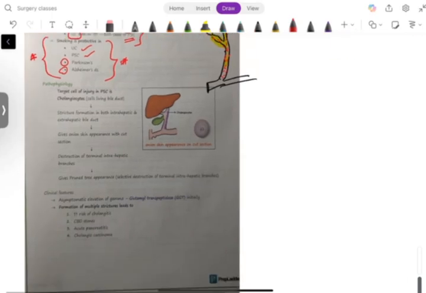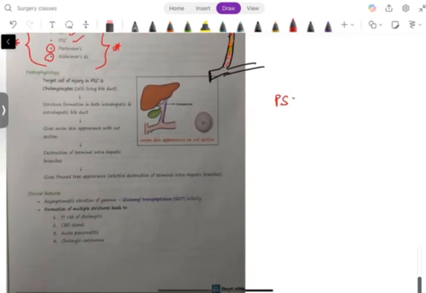Okay, so what is the pathophysiology in primary sclerosing cholangitis?